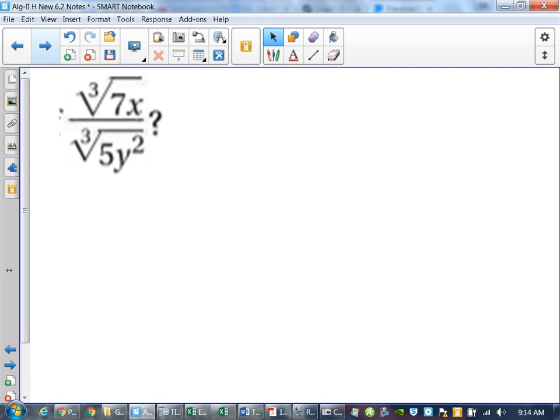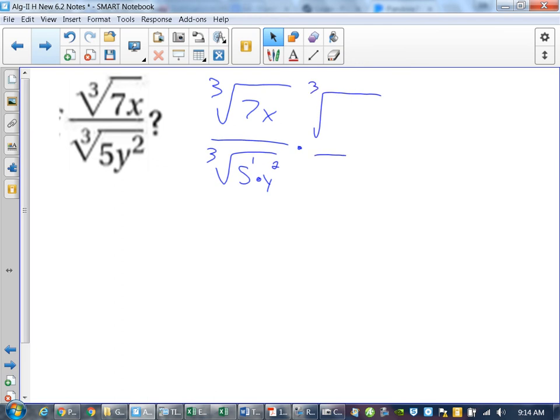So I rewrite this as the cube root of 7x over the cube root of 5 to the first times y squared. How many more 5s do I have to multiply to make that exponent a 3? 2 of them.